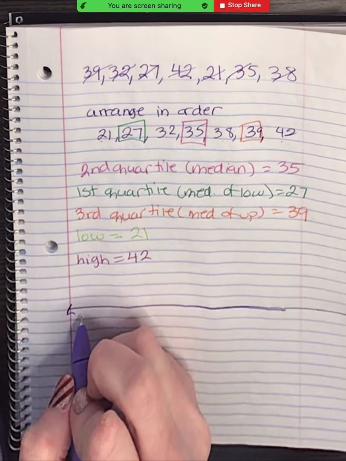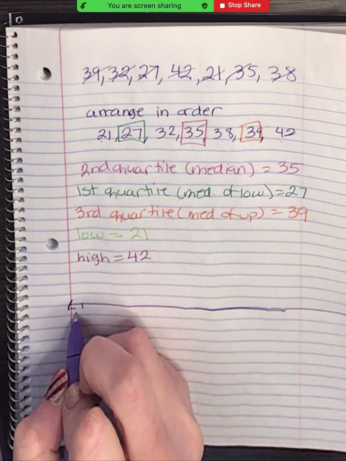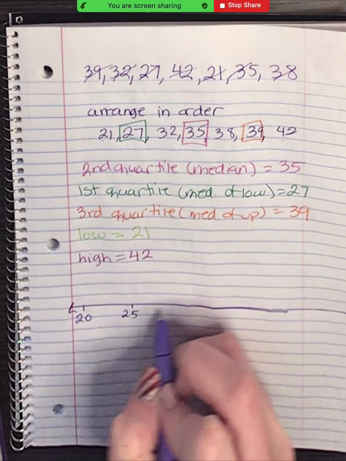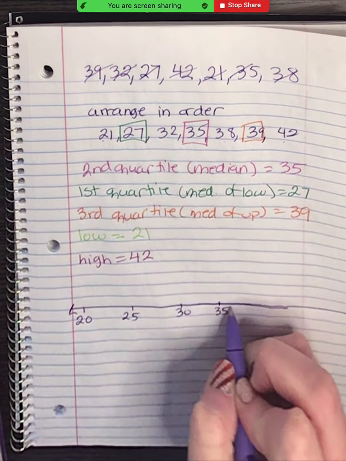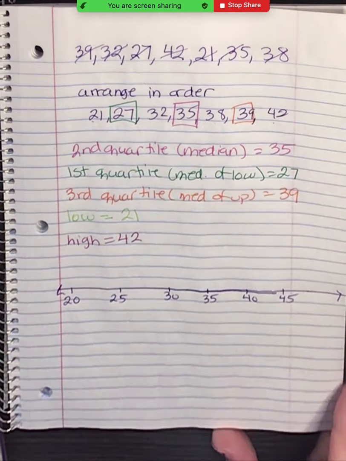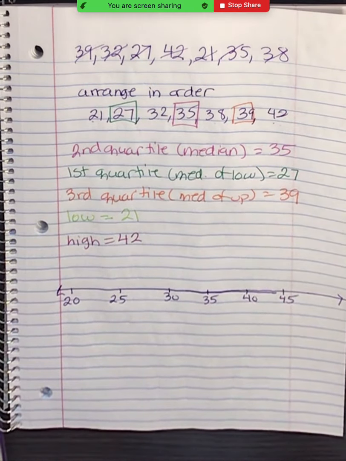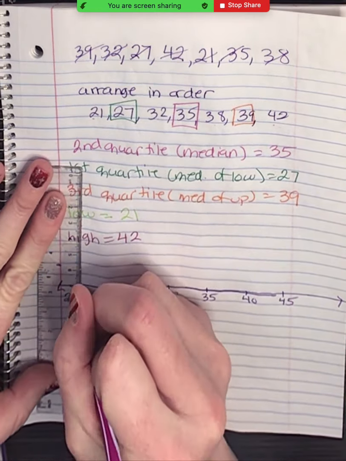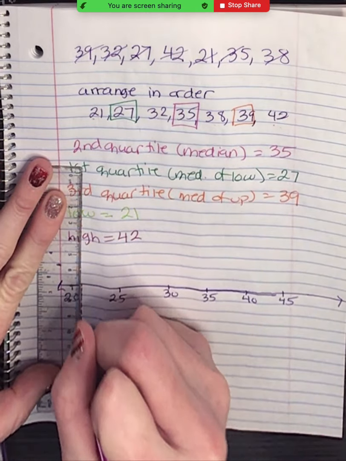So I'm going to say 20, 25, 30, 35, 40, 45. So I'm going to count by fives. Hopefully space them out evenly. Okay, then 21 is just after 20. So right about here is 21.